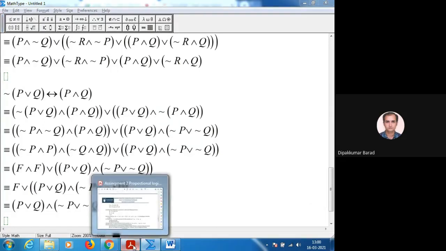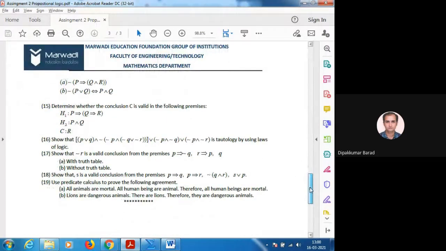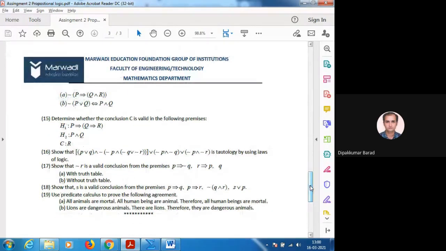But see, this whole assignment is in your mid-sem exam. Unit 2 is wholly in your exam portion, and validations and all these things which we have, tautology and truth table and without truth table, validations, argument, and all these things which we have already discussed. And predicate calculus, how to write this.